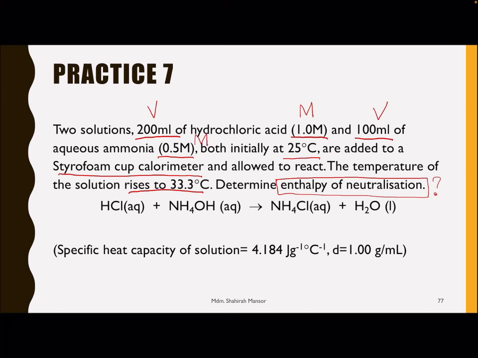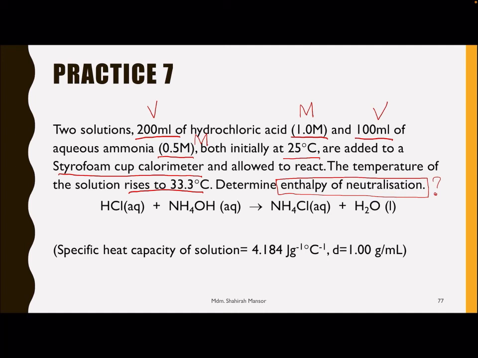So this is the example of calculation using a styrofoam cup calorimeter, or simple calorimeter. In this question, you are going to find the enthalpy of neutralization between hydrochloric acid and aqueous ammonia. We can assume that the energy released from the neutralization reaction will be absorbed by the surrounding.